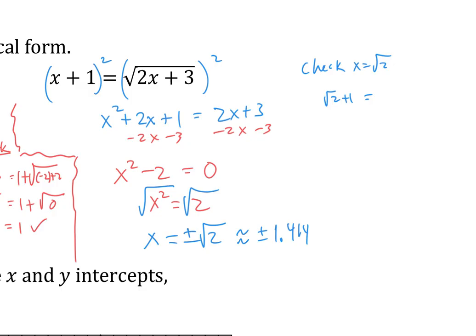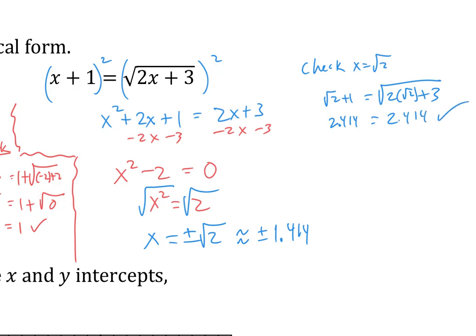Go plug that into your calculator. You're going to get 2.414 about. And if you plug in the square root of 2 times the square root of 2 plus 3, all right, if you type that thing in your calculator, you should also get 2.414.